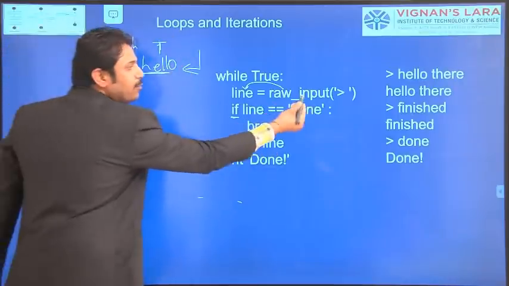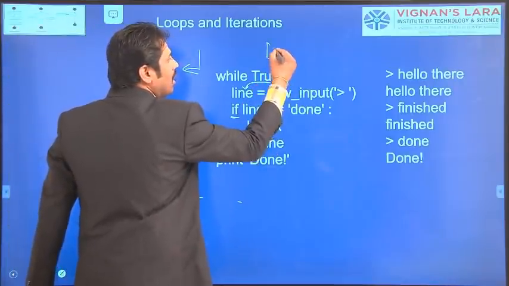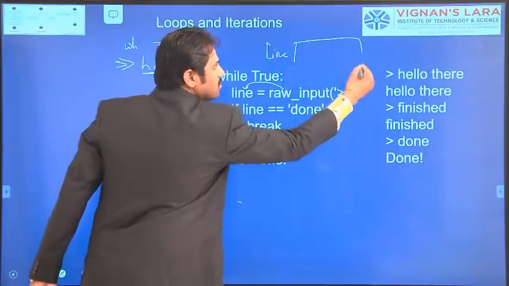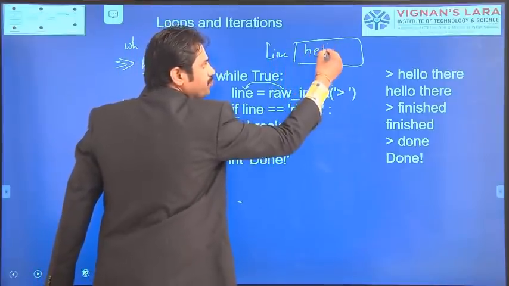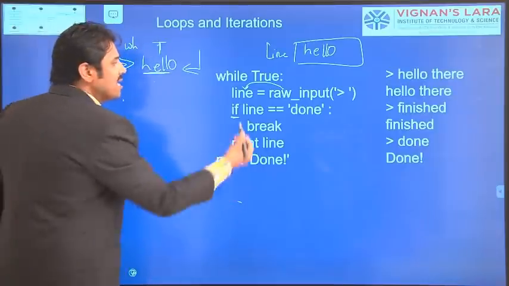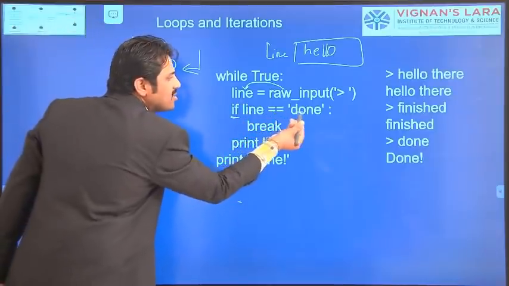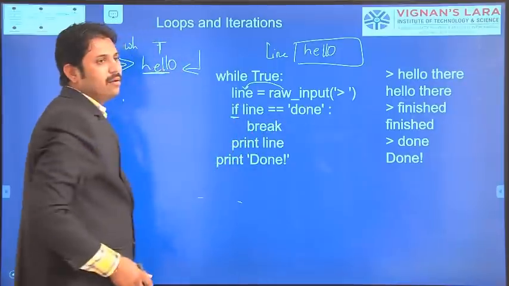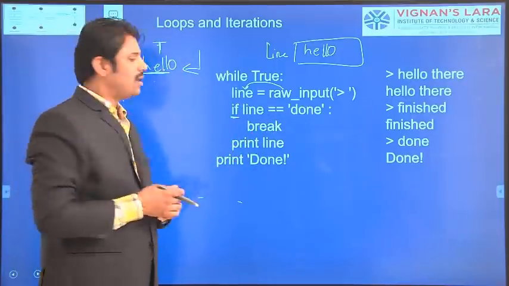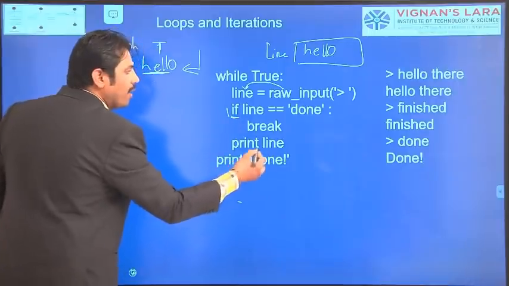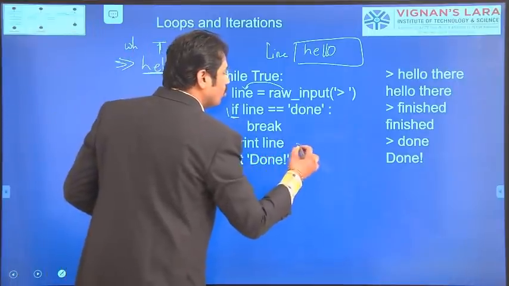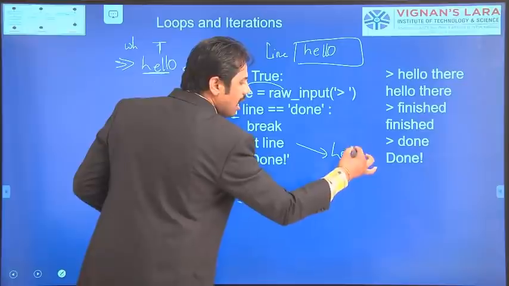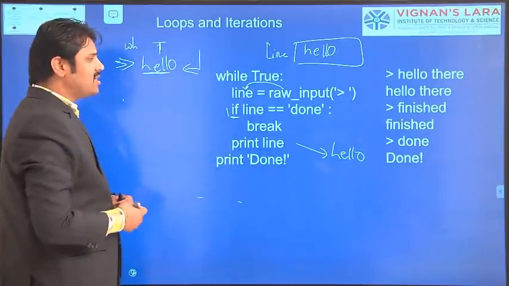Hello. So line contains the statement hello. Hello equals to done is false. That's why it continues and prints the statement hello. Your output is hello.